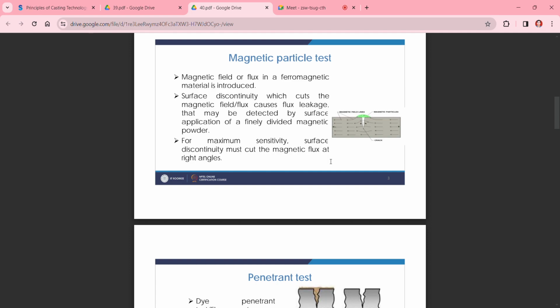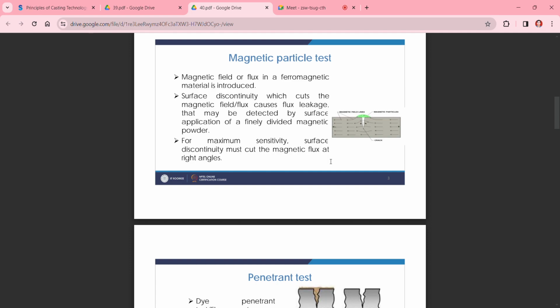So what we will do is apply a magnetic field or flux in a ferromagnetic material, and we will put some magnetic powder on the surface of your casting. Wherever there is a crack on the surface, the magnetic powder will go inside that surface cavity.